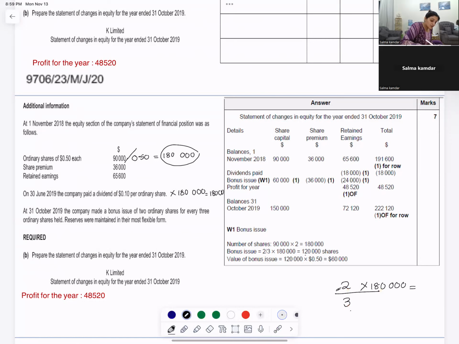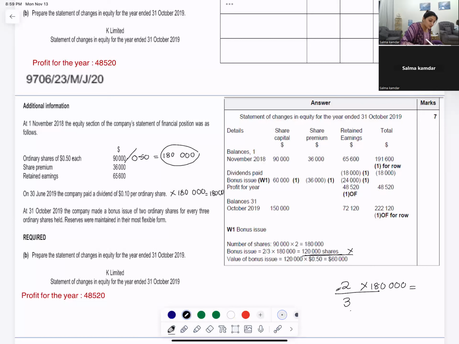So your bonus issue would be 120,000 shares. What is the face value of your shares? It is 0.50 per share. So you will give bonus of 60,000.